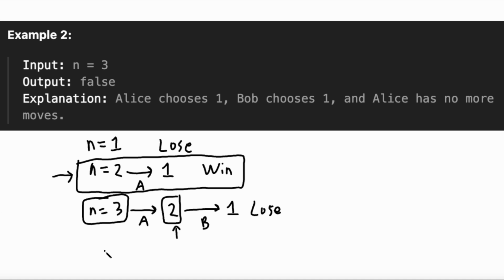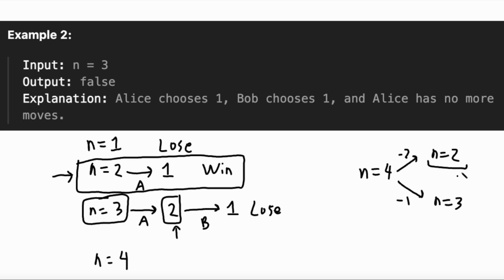Let's illustrate this even more clearly with n is equal to 4. When n is equal to 4, Alice can do one of two things. Alice can either subtract 2 and turn the number into 2, or she can subtract 1 and turn the number into 3. Now, when n is equal to 2, that means this is Bob's turn. Well, we know that when Alice is given 2, she must win. So if Alice is not given 2, then she must lose.